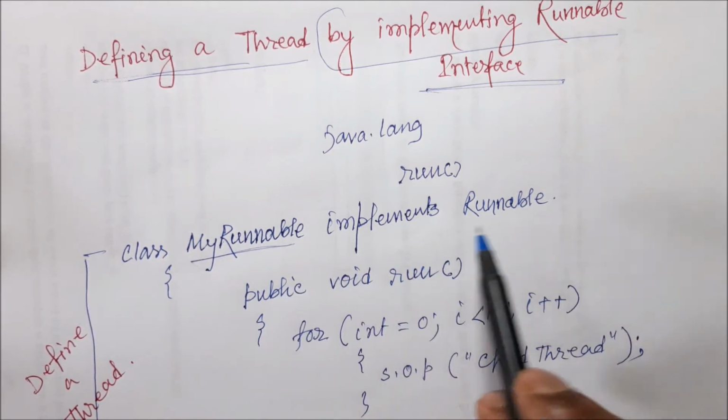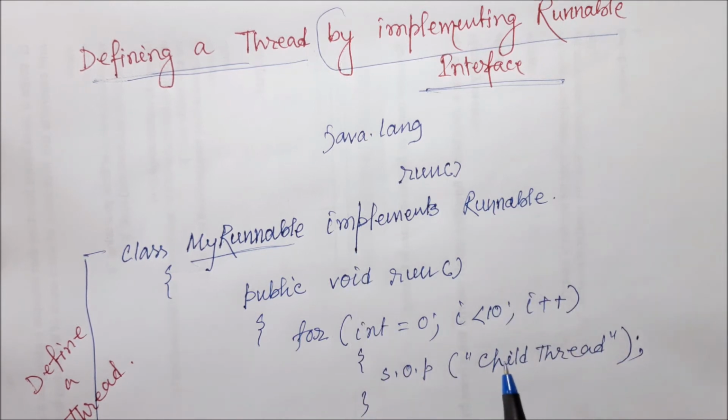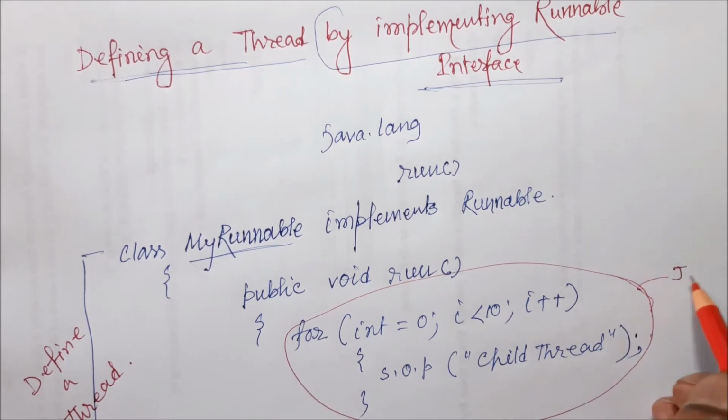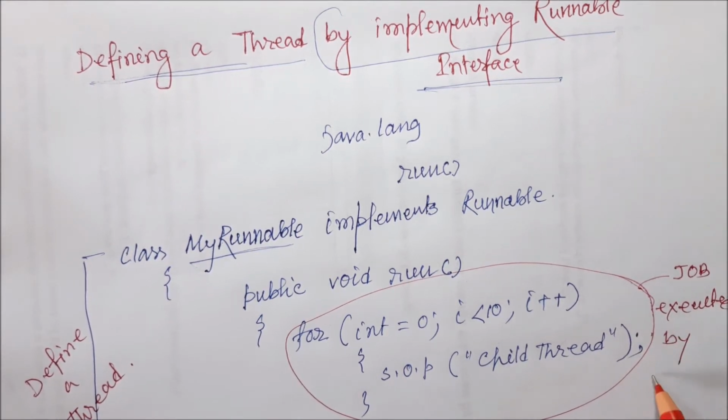I have just overridden the run method, public void run, and whatever content has been given will be executed. That is the job executed by the child thread.